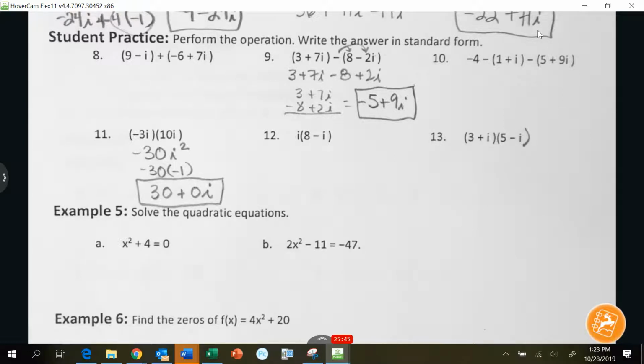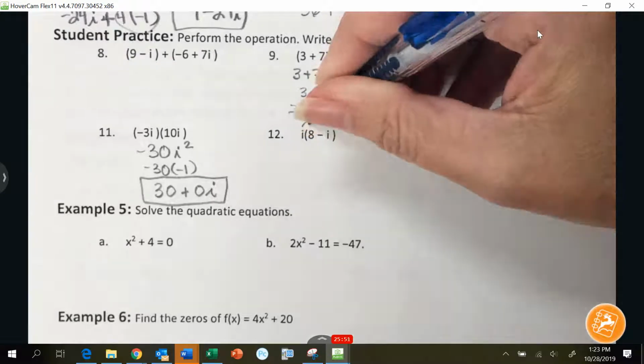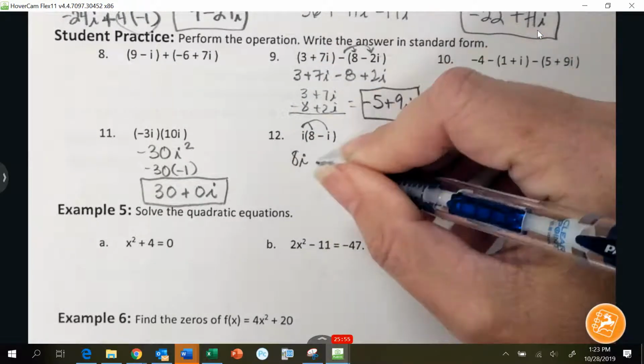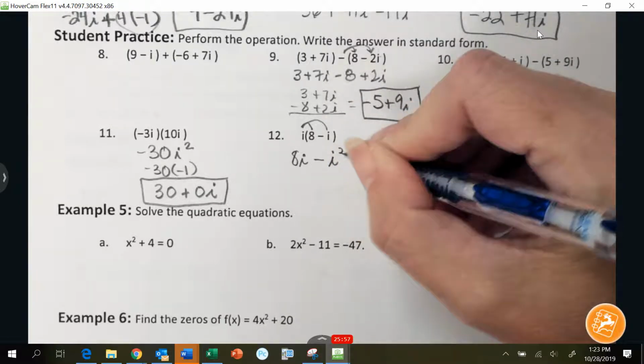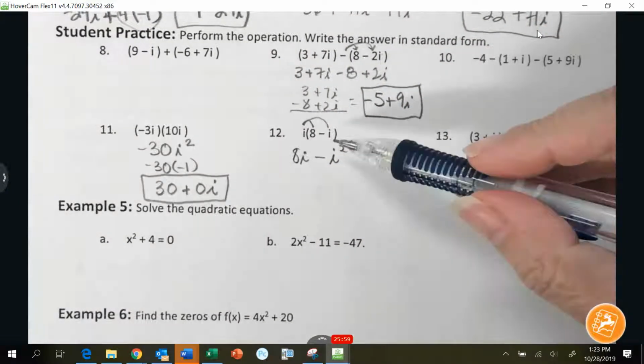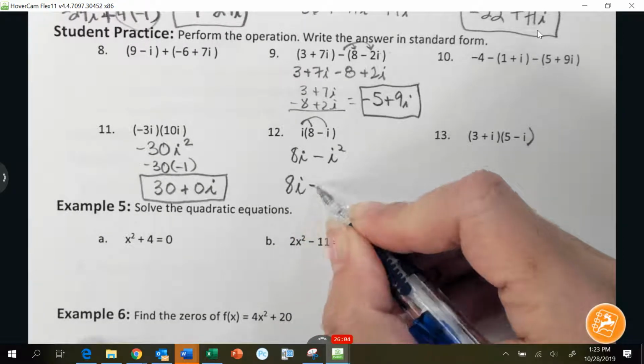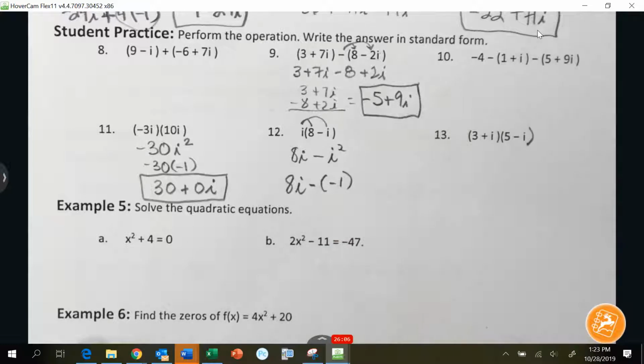All right, here's 12. i times 8 is 8i. i times negative i is negative i squared. What do I know about i squared? So now I have 8i minus negative 1.